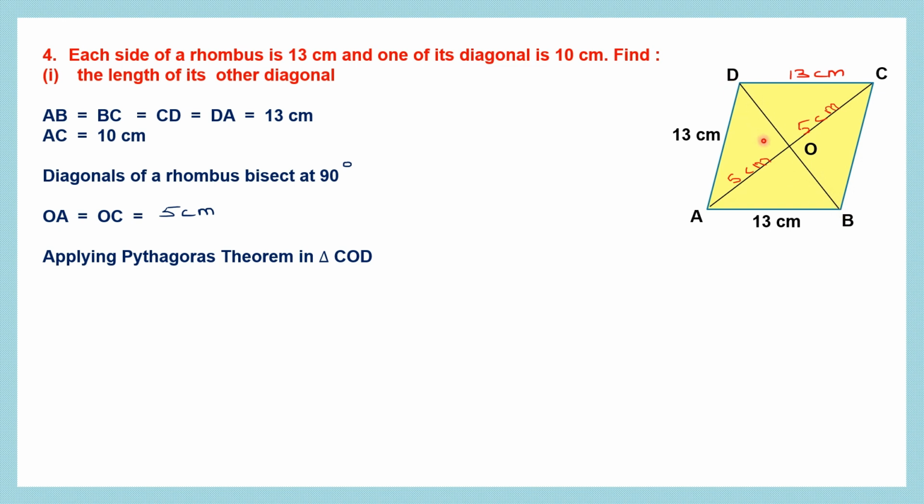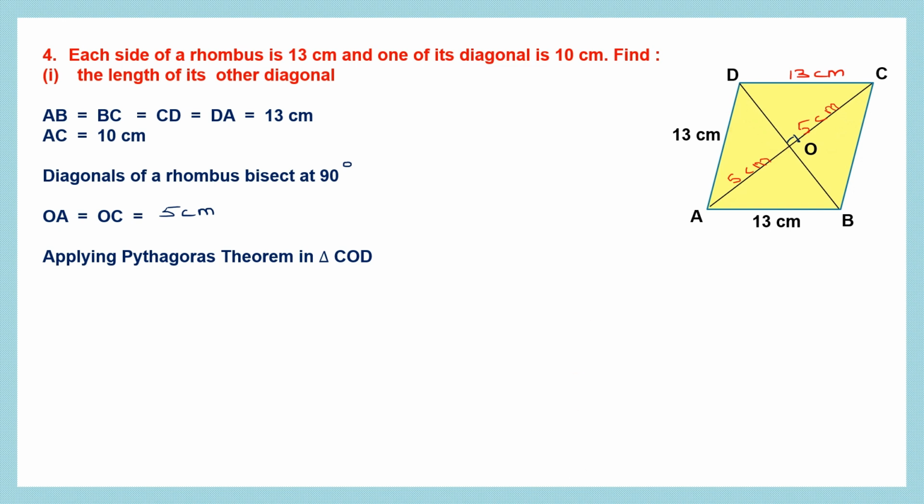So we are going to apply the Pythagoras theorem because this is a right angle triangle. So this triangle, that is triangle COD, is a right triangle. That means the side that is opposite the 90 degrees, DC, is the hypotenuse. And by applying the Pythagoras theorem, we can find the length of this side. So according to the Pythagoras theorem, the square of the hypotenuse is equal to the sum of the squares of the other two sides.